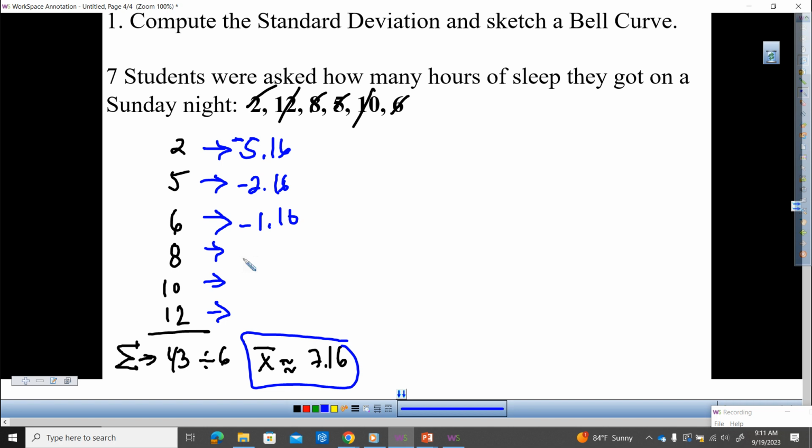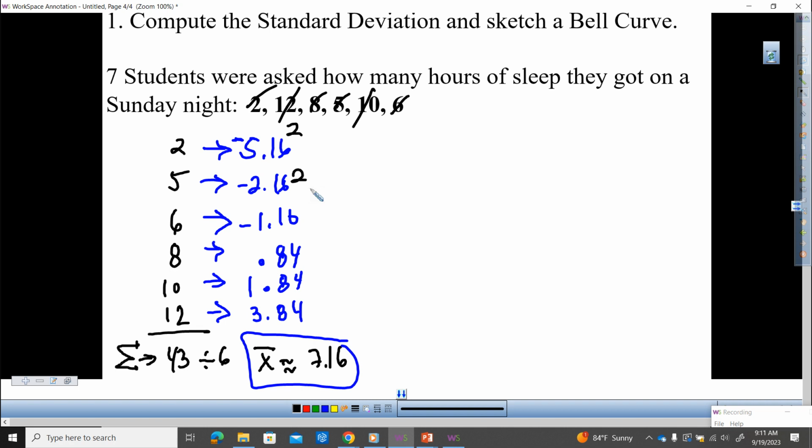Then we got 0.84, 1.84, and 3.84. Hands, have you got that? All right. What do we do from there, everyone?